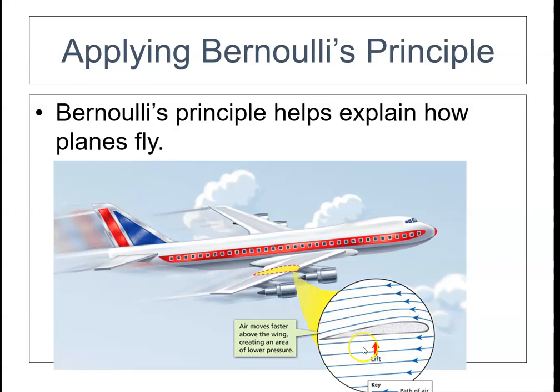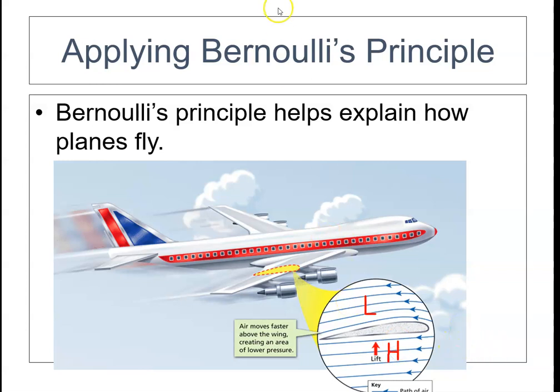According to Bernoulli's principle, the faster the moving fluid, the lower the pressure. So now we have a low pressure area right here. And if you got a low someplace, you have to have a high pressure another place. So we've got a high pressure right here.